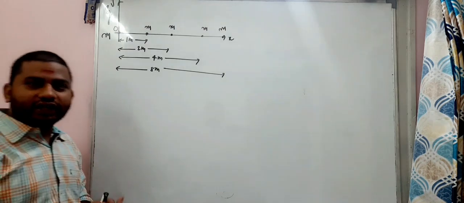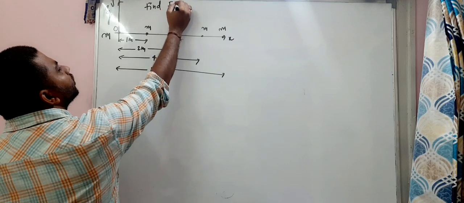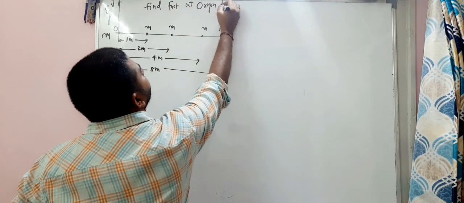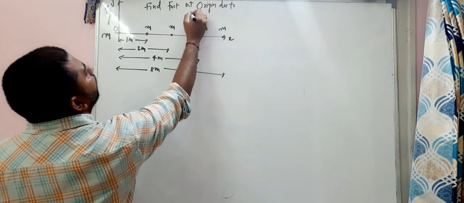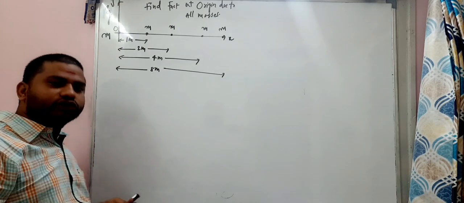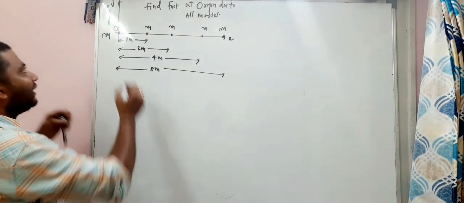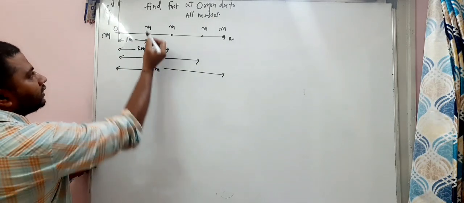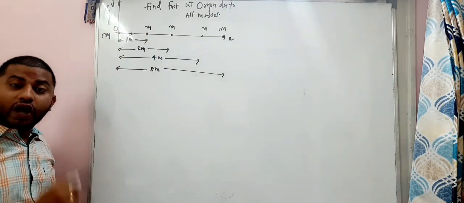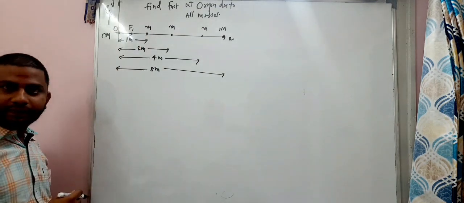The question is, find the net force at the origin due to all masses. That's the net force at the origin we need to find out. And how simple it is. This is the origin. The small mass m will attract this mass, so at the origin there is a force F1 acting.